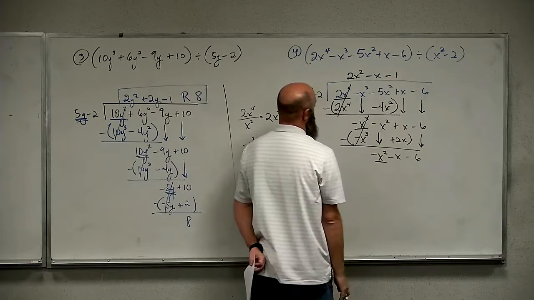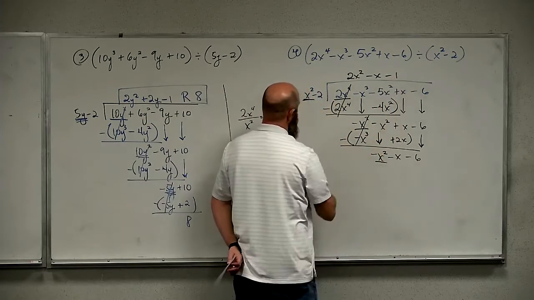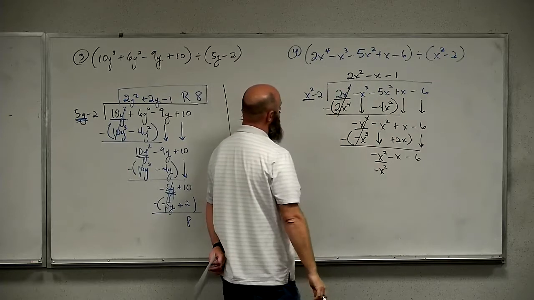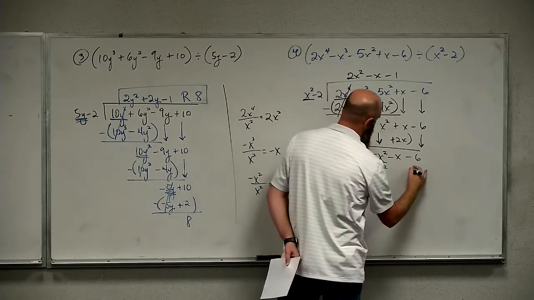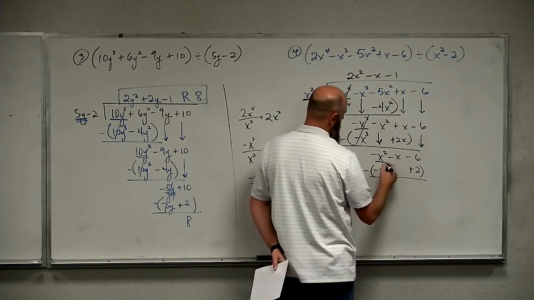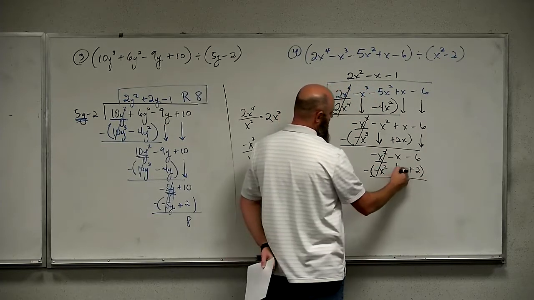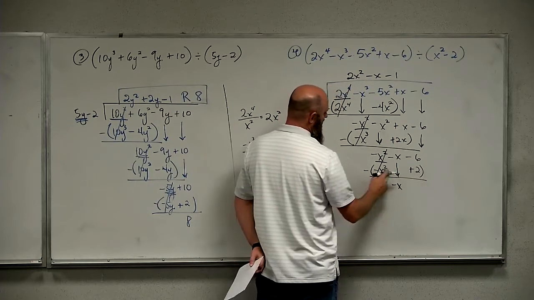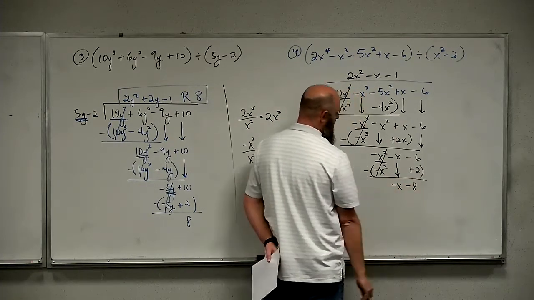So negative 1 times x squared is a negative x squared. Negative 1 times negative 2 is a positive 2. And then we're going to subtract that. So those do cancel. We get a negative x. Negative 6 minus 2 is a negative 8.